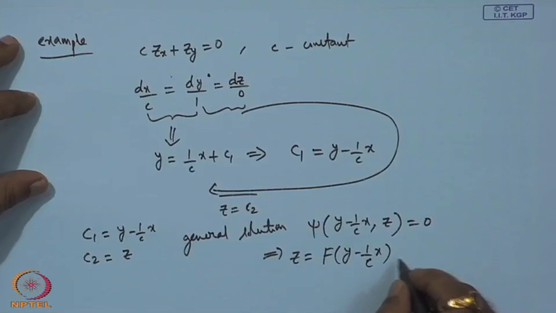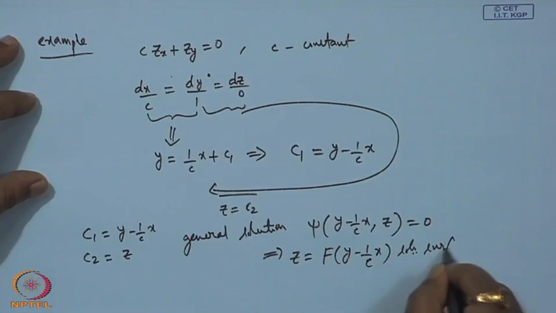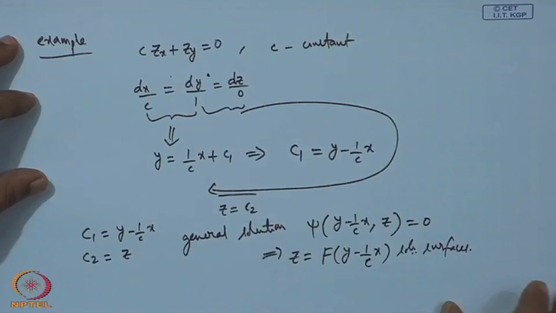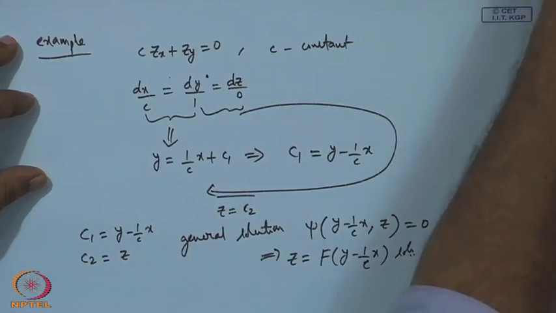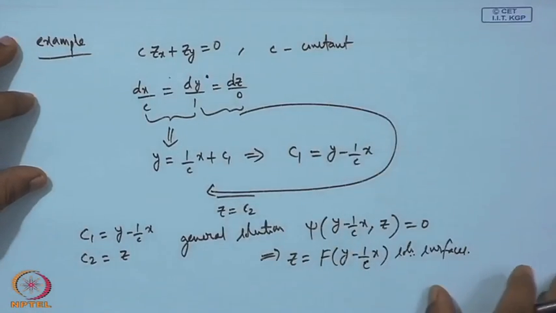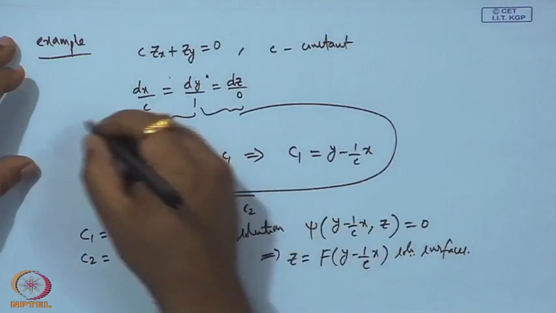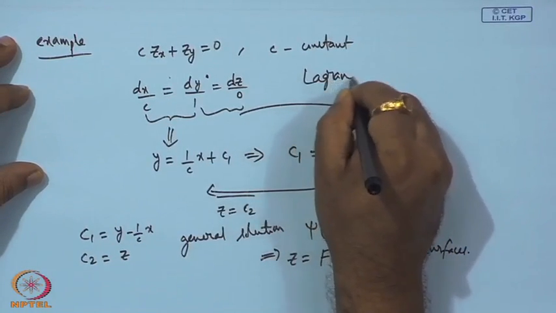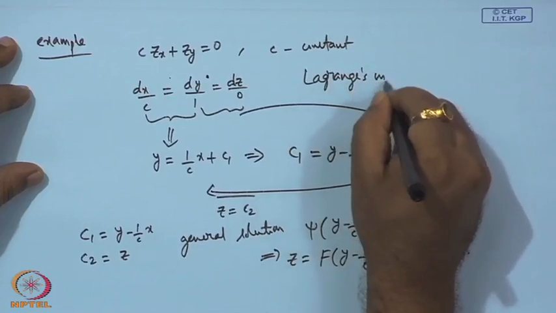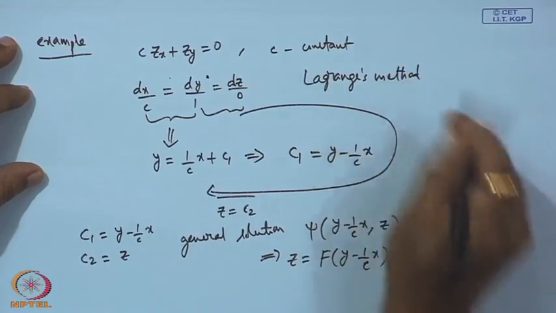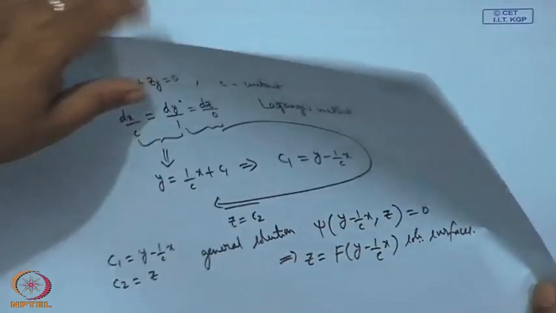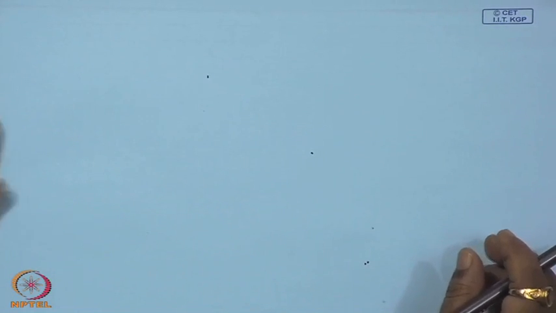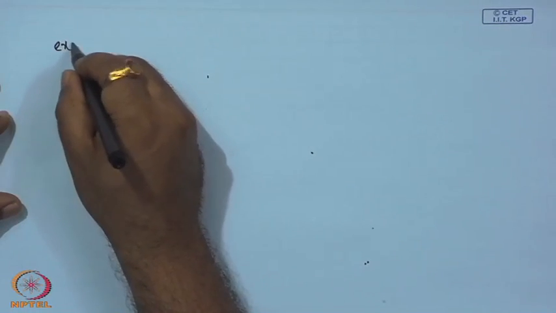So, this is a solution surfaces. Okay. So, this is very standard technique in literature called Lagrange's method of characteristics.